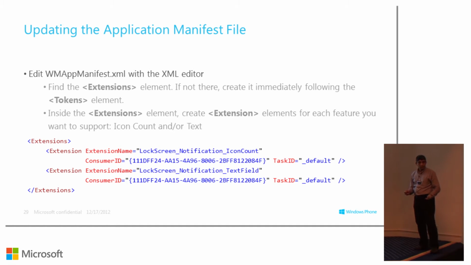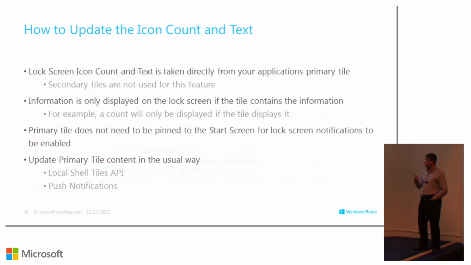Right? Then when you update the primary tile, even if the primary tile is not pinned to the home screen, when you update the primary tile from code, that information is going to be put onto the application. So if your application is sitting on the lock screen and you are updating the application tile, that information is going to be shown on the lock screen. Clear?